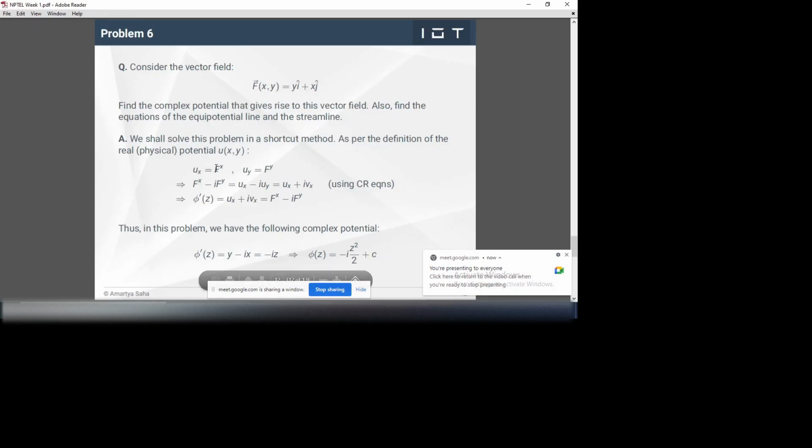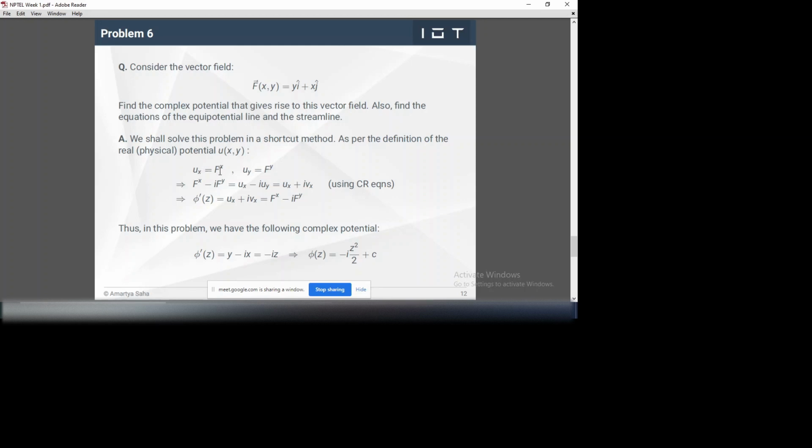As I just explained in the last question, consider the real potential u(x,y). The x component of the vector field is nothing but the partial derivative of the real potential with respect to x.